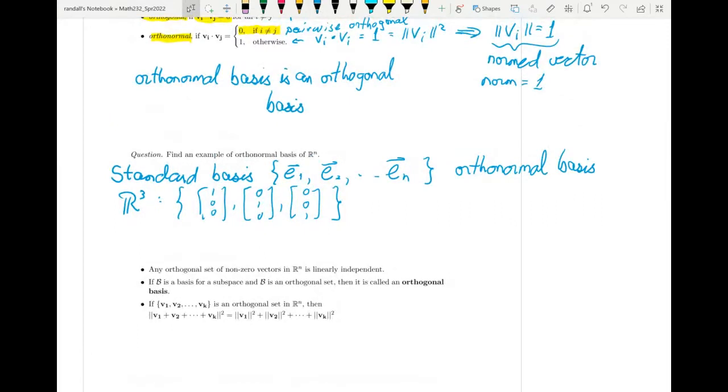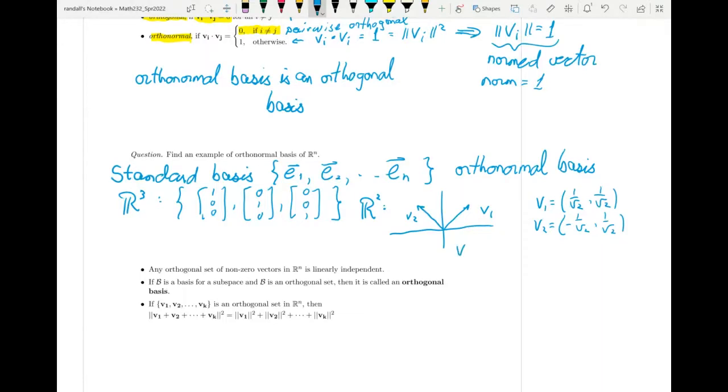Good. Now there are many other examples of bases that are not the standard bases. So in R2, we might take these vectors here. So here's v1 and here's v2. Okay, so in R2, I'll take v1 to be (1/√2, 1/√2), and I'll take v2 to be (-1/√2, 1/√2).